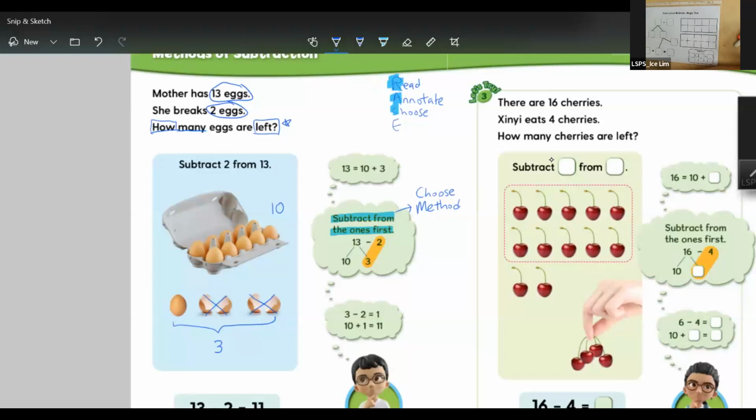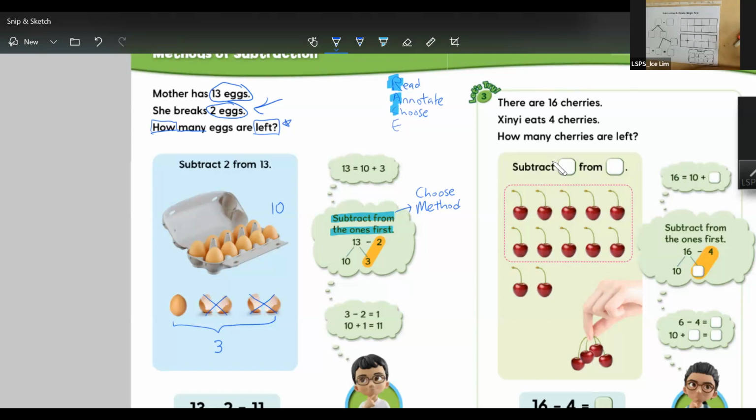Then 2 eggs are broken. It's in the story here, mother breaks 2 eggs. Because there are 3 little ones and mother breaks 2 little one eggs, we can subtract from the ones first.